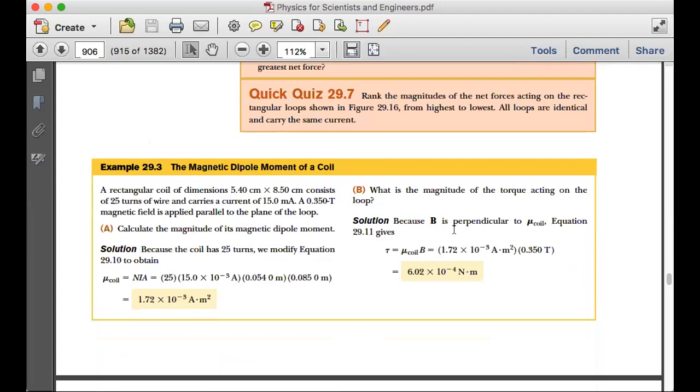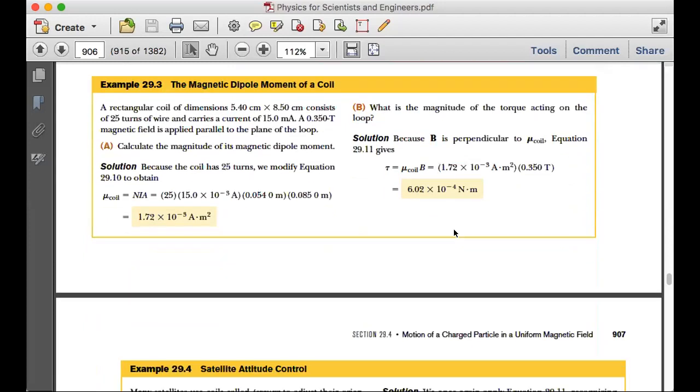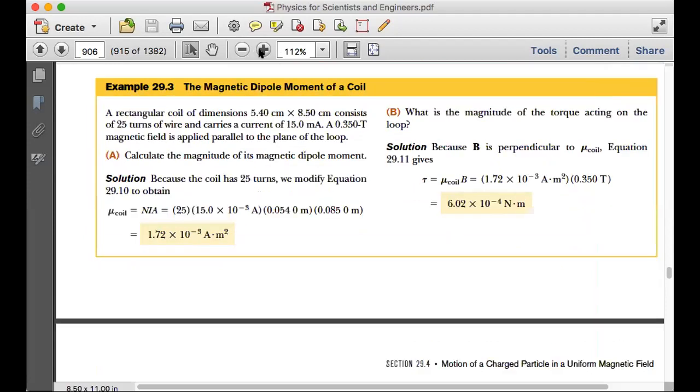So this is the example. This example 29.3 is the magnetic dipole of a coil. Okay, it's a coil. So we have a rectangular coil, with dimensions A and B. We have this area, and we have 25 turns of wire.